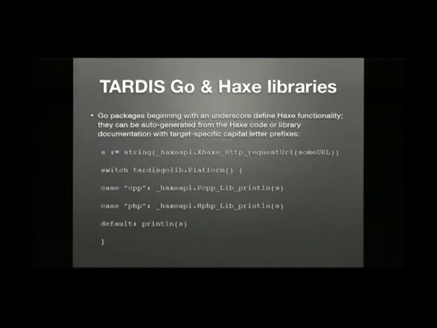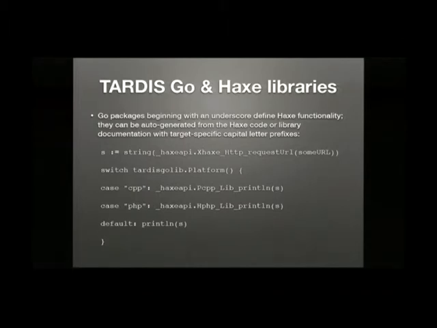Obviously, TARDIS Go's is equally neat, I'd like to think. It uses the Haxe libraries, and it uses the convention that any package that begins with an underscore is actually a Haxe package. So you can describe that Haxe package in Go and include it in the normal way, and the TARDIS Go compiler works it all through.